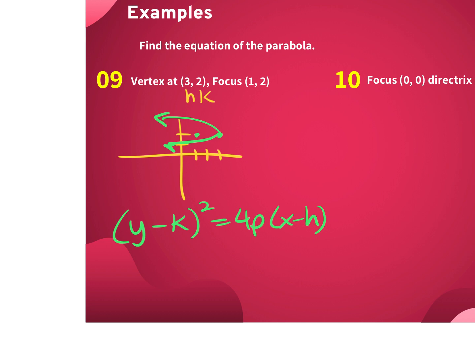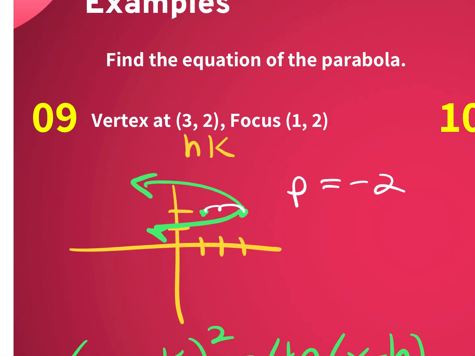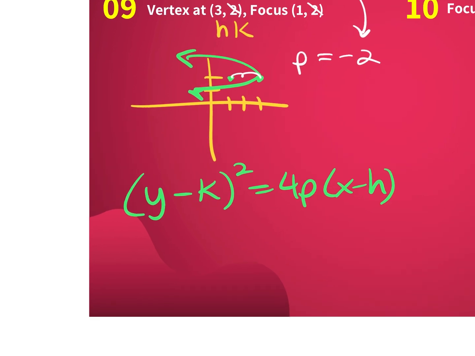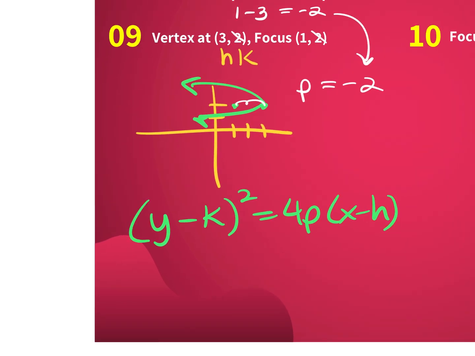Since I've graphed it, I can count how many spaces away this is, and it's 2 spaces. So p is -2. Again, I could go back to my focus and my vertex ordered pairs. Don't use the 2's, and then just do 1 minus 3 and get -2 for your p-value that way as well. So now let's fill it in.